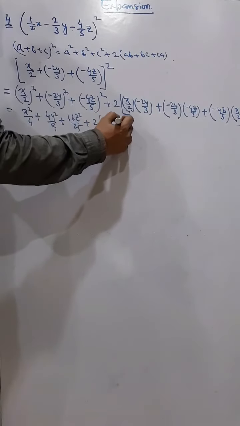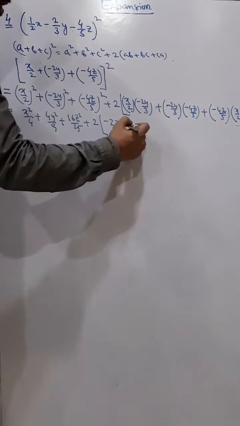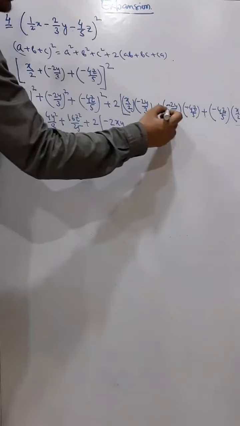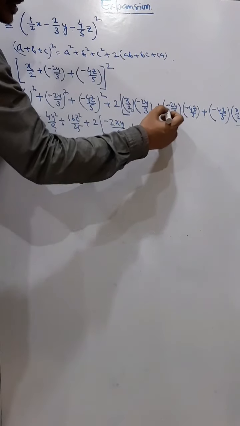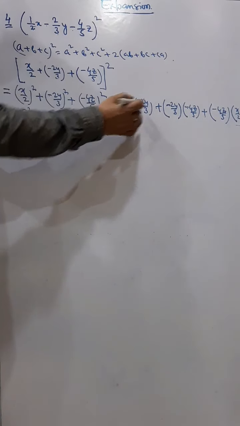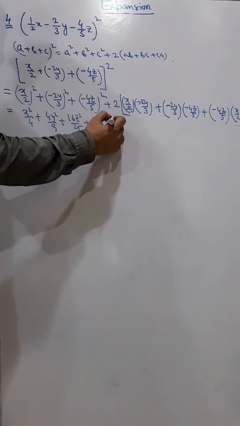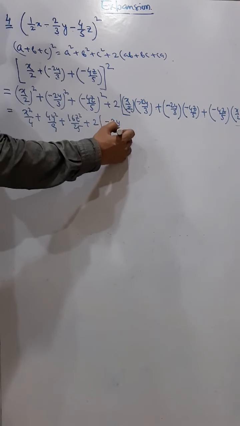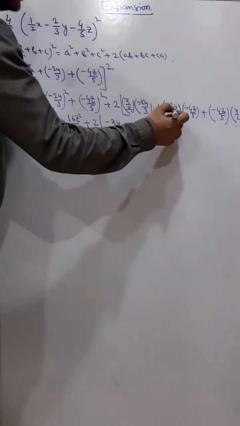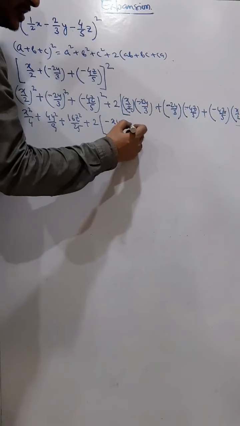So what we got, minus 2xy by 6. Again this minus and minus become plus. In fact we can cancel these 2 and 2 here, and then what we got here finally, minus xy by 3.